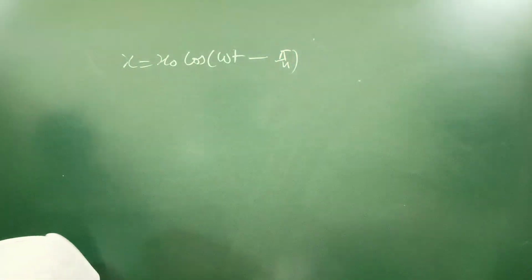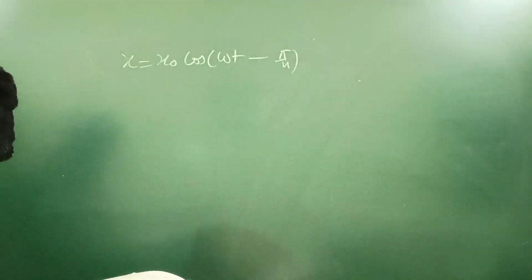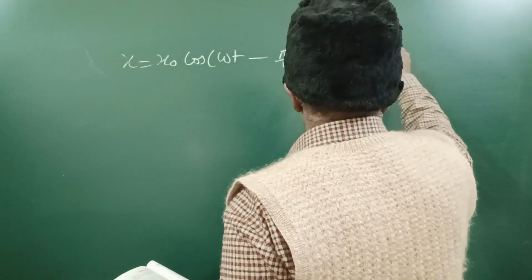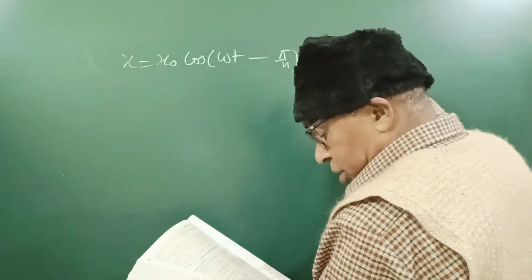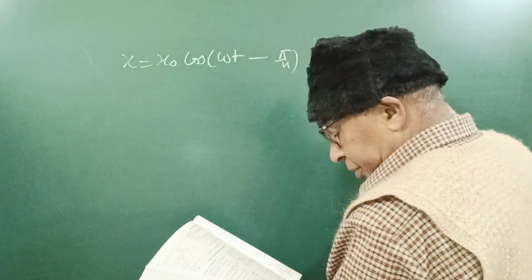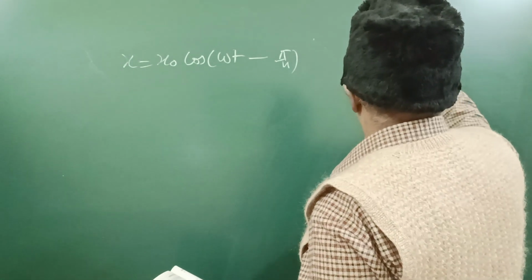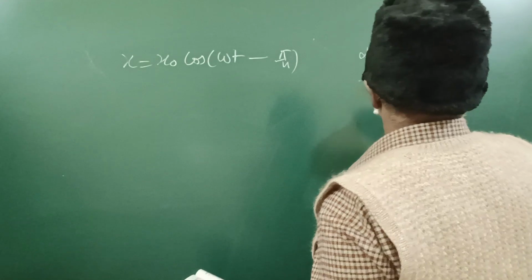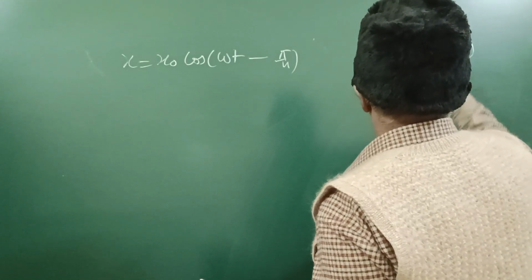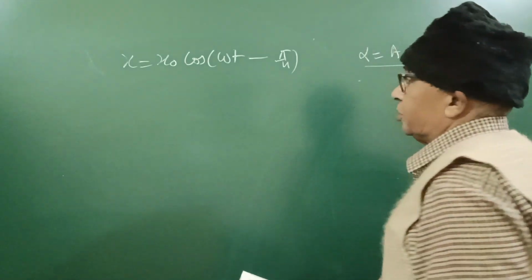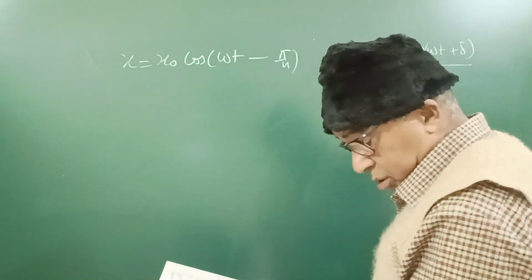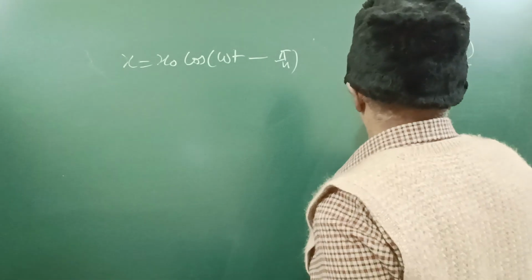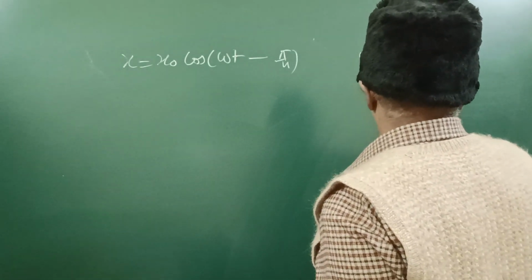This is the displacement equation. If the acceleration alpha is written as a cos (omega t plus delta), if acceleration is like this, then what is A and what is delta?